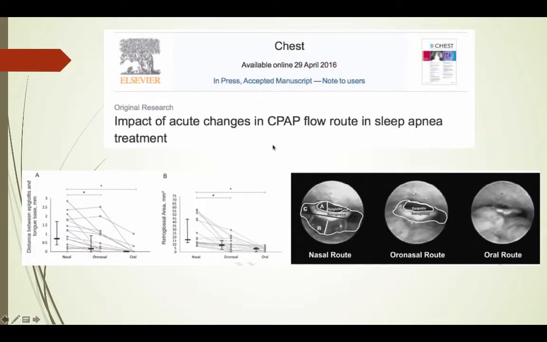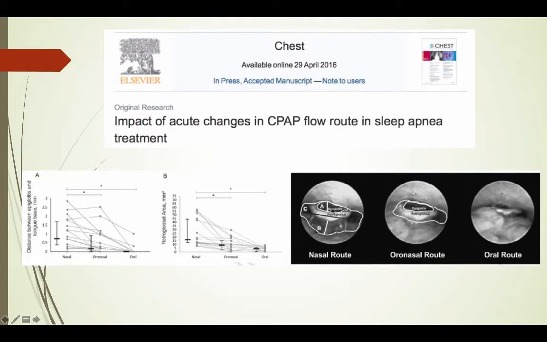So this is the first study, which compared the size of the upper airway when CPAP was given via nasal mask, via oronasal mask, and via oral mask. This is an endoscopic view of the upper airway, and what you see over here, this white outline, is the size of the upper airway, and you can see the epiglottis here.